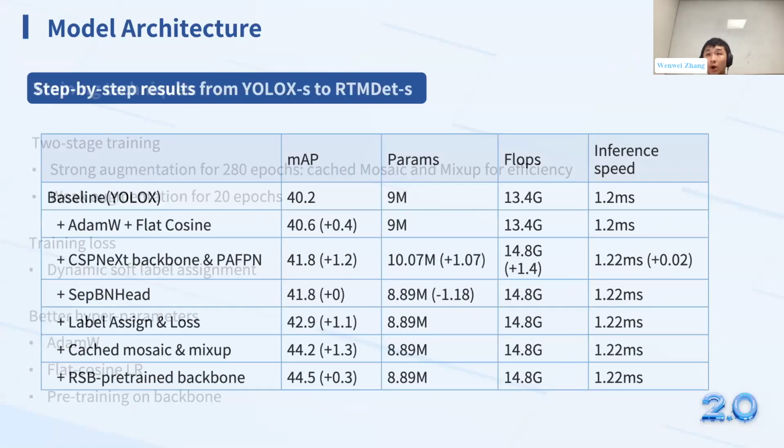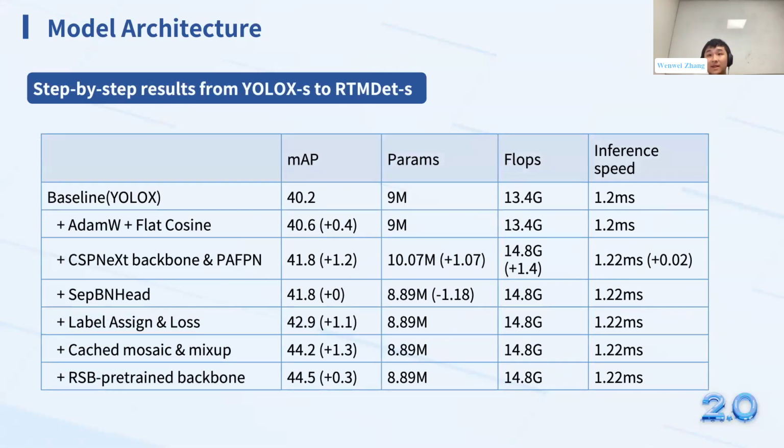Overall, starting from YOLOX, we can see the step-by-step results from YOLOX to RTMDet. After adding AdamW and the cosine learning rate, we could slightly improve the performance without modifying the parameters and the FLOPs. The modification of the basic building blocks in the backbone and the neck significantly improved the accuracy and also added some parameters, but the inference speed doesn't change much.